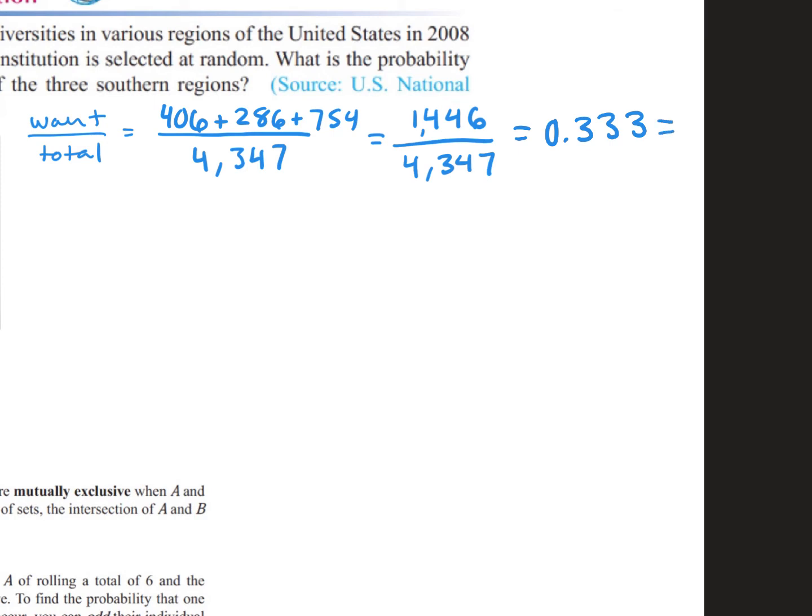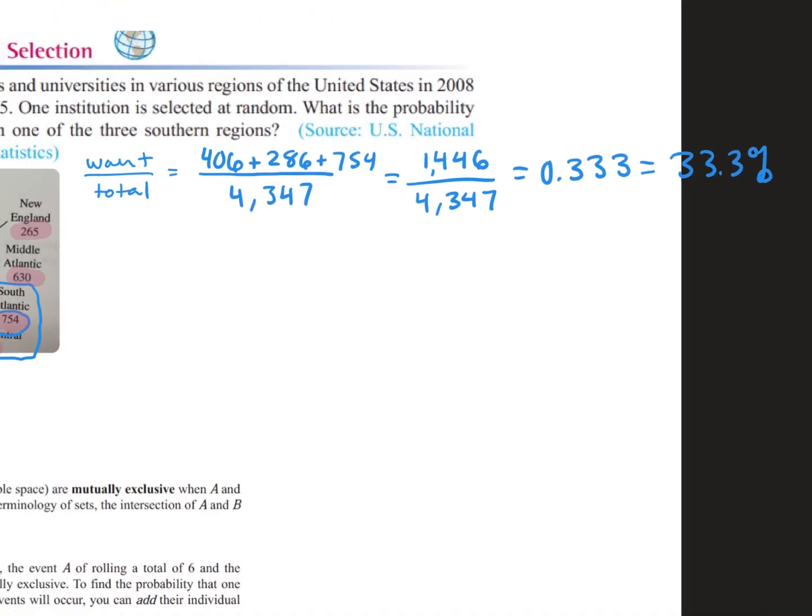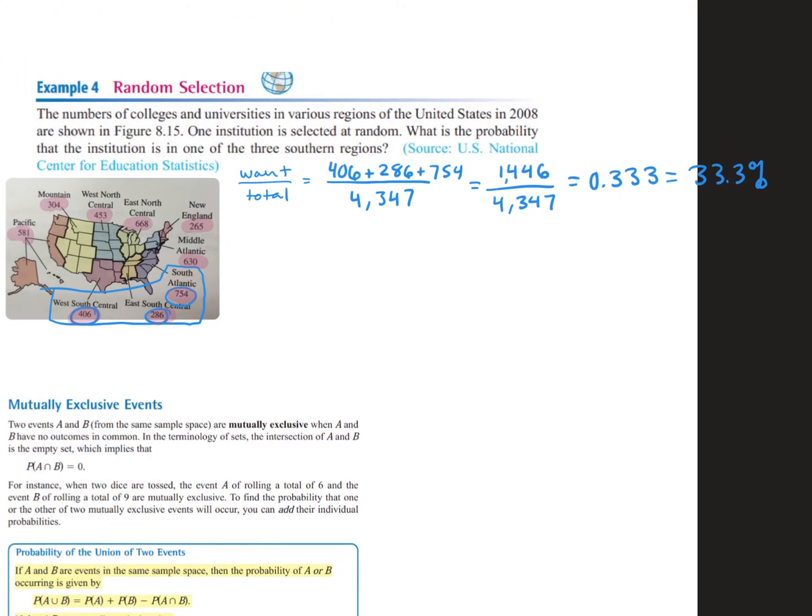And then what would our percentage be? 33.3%. Perfect. So this would be the probability that the institution is in one of the 3 southern regions.